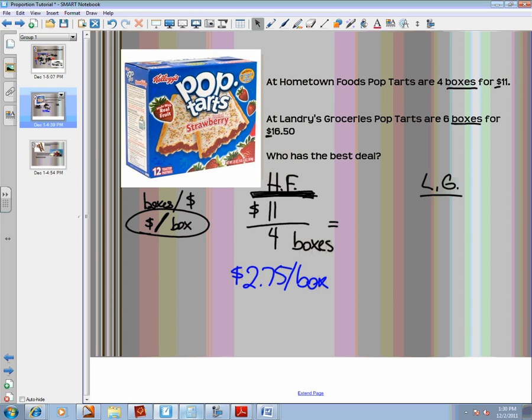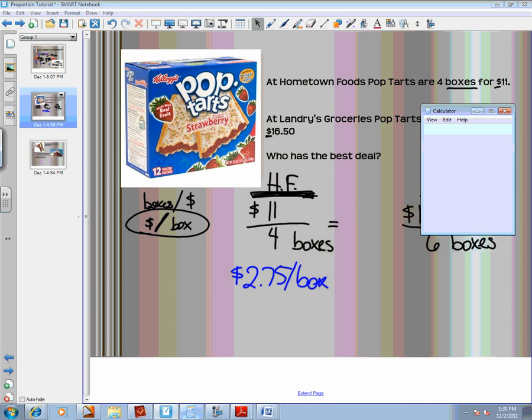Okay, Landry's. Let's do Landry's now. Landry's Groceries are selling 6 boxes for $16.50, so $16.50. Since I want dollars on top, dollars per box over 6 boxes. All right, we'll use our Smartboard calculator again.